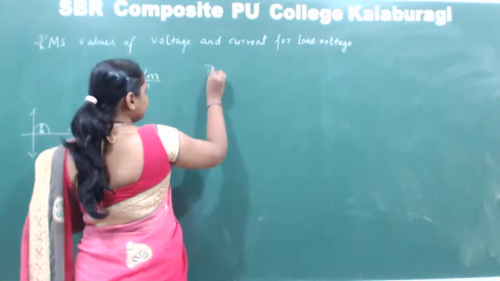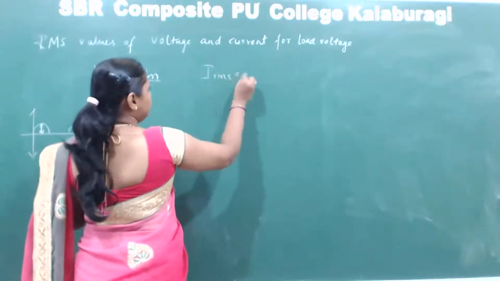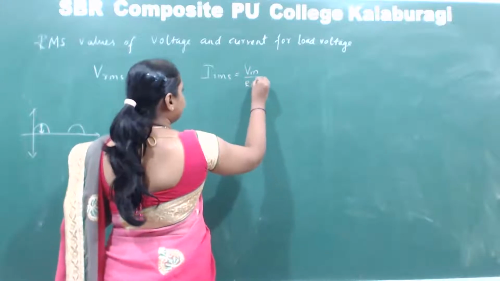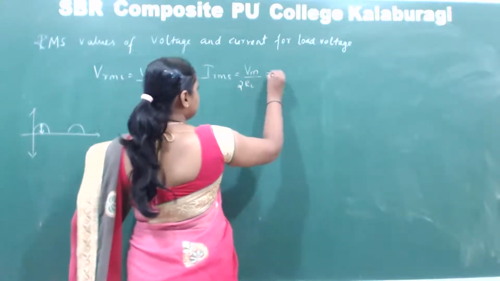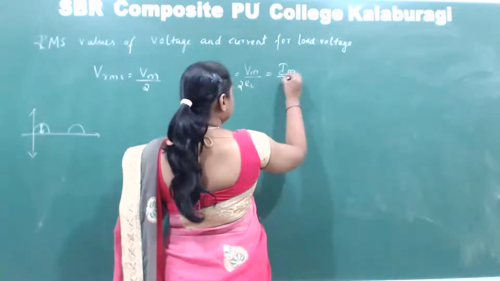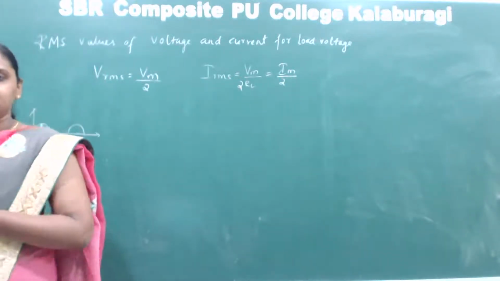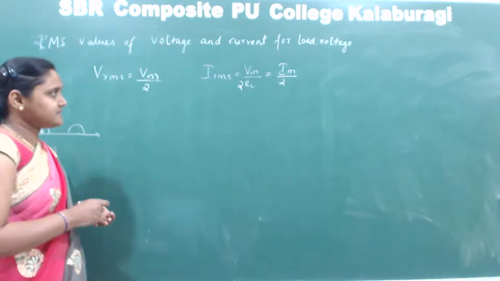Whereas IRMS is equal to Vm by 2RL, otherwise just Im by 2, where Im is Vm by RL. That we have already seen in the previous example also.